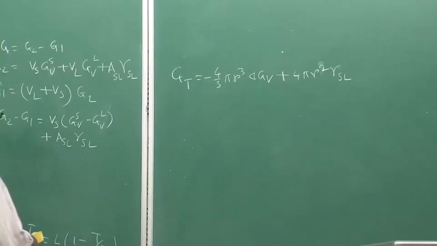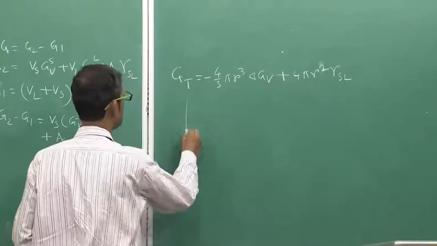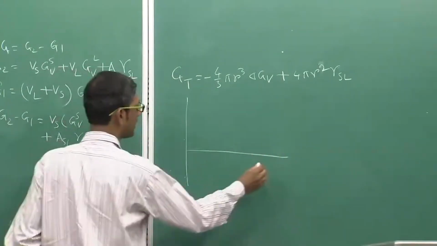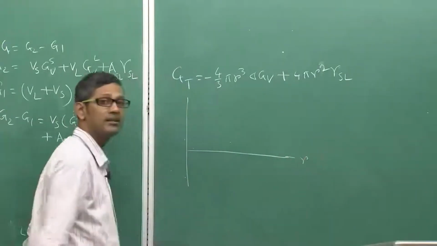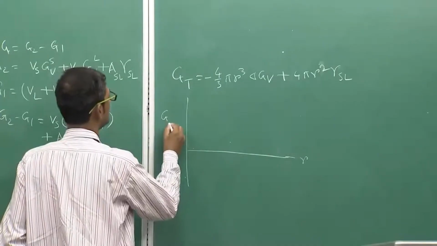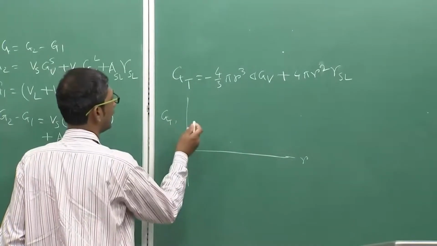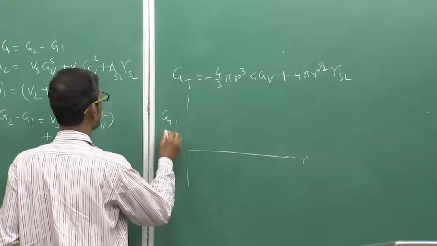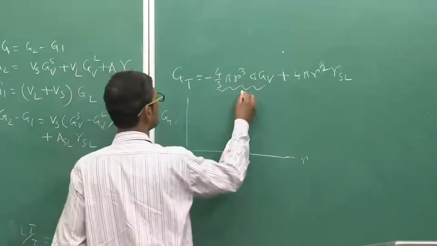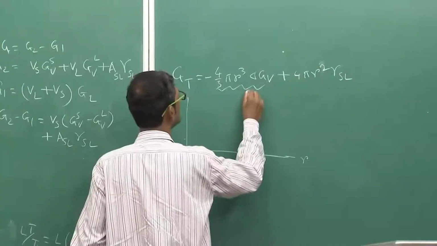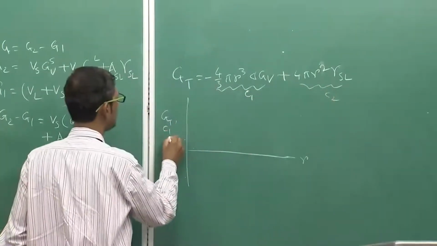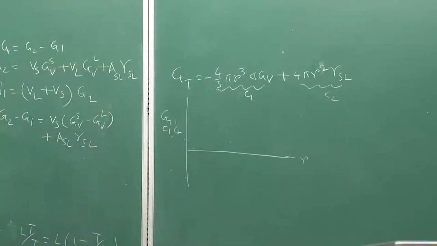On the x axis is R, on the y axis is G_T, and three things I am plotting: G_T, C1 and C2.